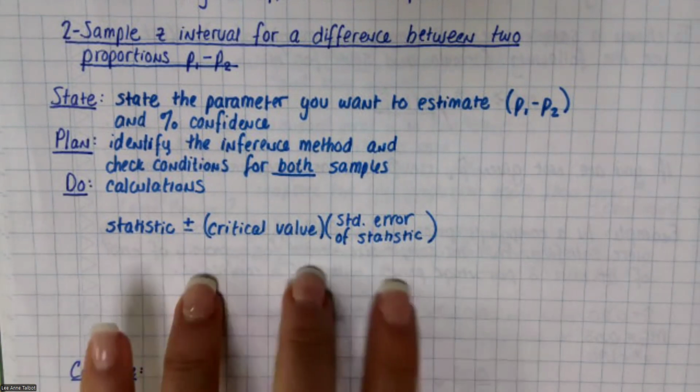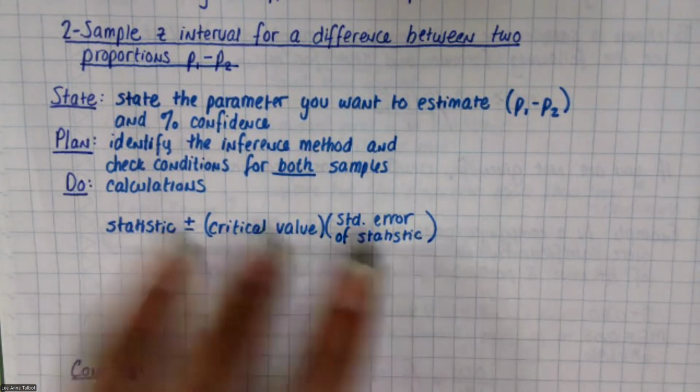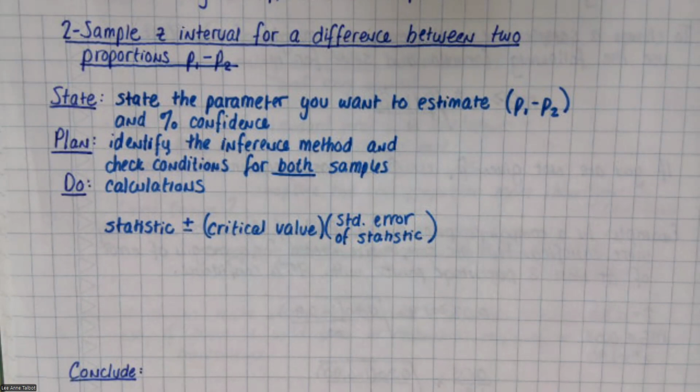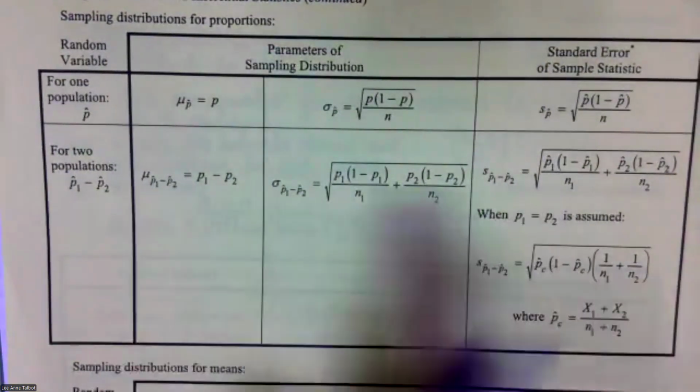Okay, so after you write this down, flip to the back. Find the part of the formulas that has to do with P1 minus P2. How many lines down is the P1 minus P2 section? Where is it in the table? This part, right?